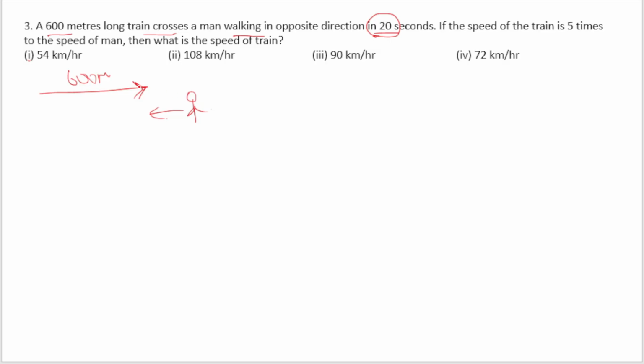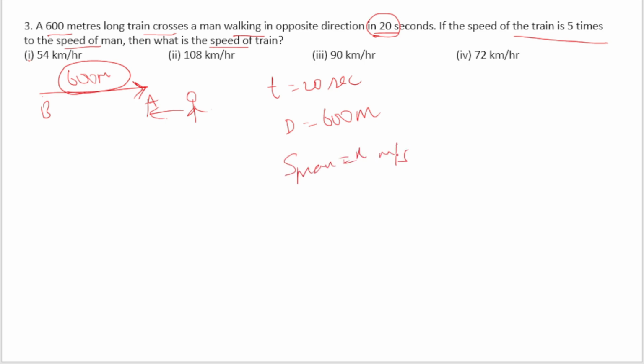So the man will take 20 seconds to cross the train completely from point A to point B. So here the time taken is 20 seconds, and the distance traveled by the man is 600 meters. If the speed of the train is 5 times the speed of the man, then what is the speed of the train? We will assume the speed of the man is equal to x meters per second.